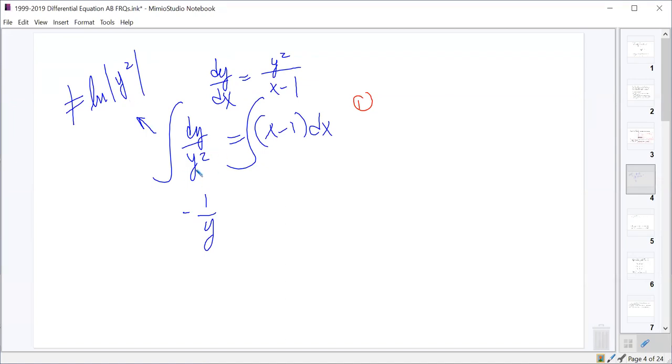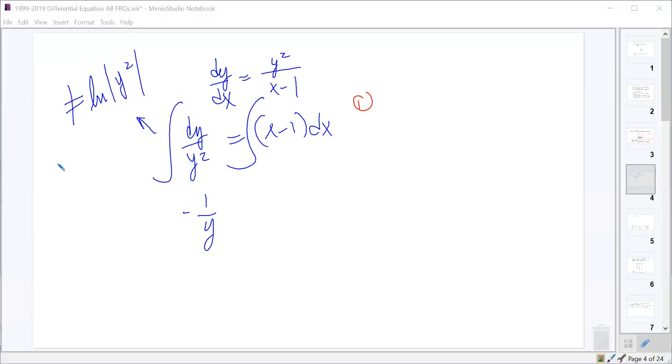You see the thing in the denominator and you just make it natural log the absolute value of it. If you're going to do that, you have to only have a single variable down here. And then you have to do the u substitution if you have a function. So I would have had to let u equal y squared and then find my du up here, which I don't have. So you just do y to the -2 and integrate that.